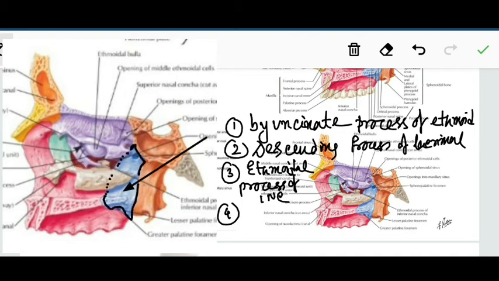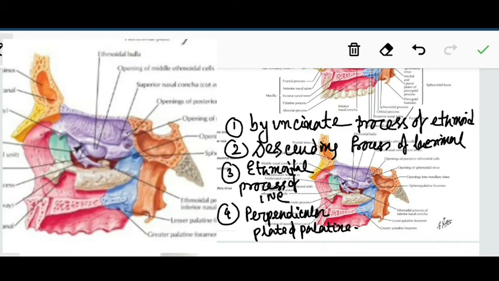And last, perpendicular plate of palatine. So this is about the base of the maxillary sinus.